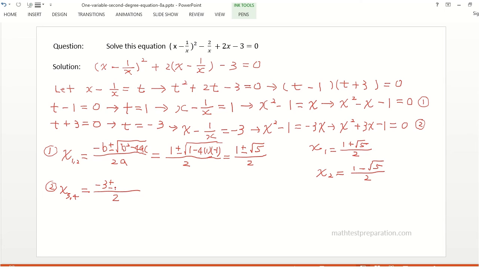Plus or minus square root: b squared, 3 squared is 9. Subtract 4ac, a is 1, c is negative 1. So the denominator is 2. Numerator negative 3 plus or minus square root. Negative 4 times negative 1 equals positive 4. Positive 4 plus 9 is 13.